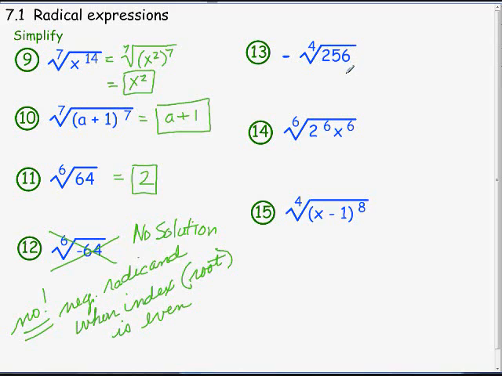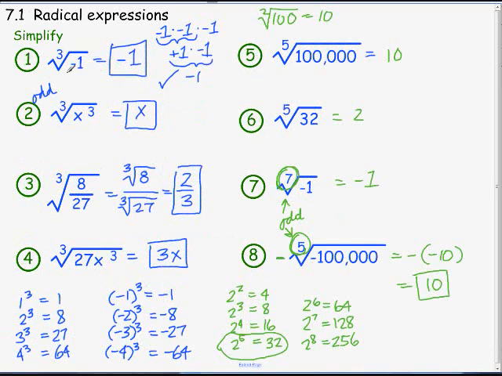Oh my goodness. What is the fourth root of 256? I'm actually going to go back here to see if I can help myself out. 2 to the 8th would be the same as 2 squared to the 4th, right? Which is the same as 4 to the 4th power.